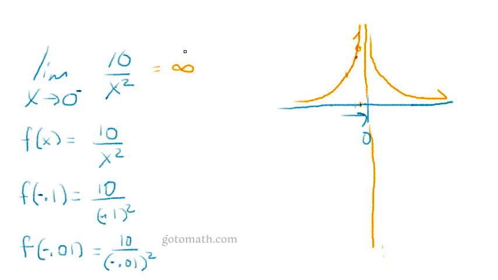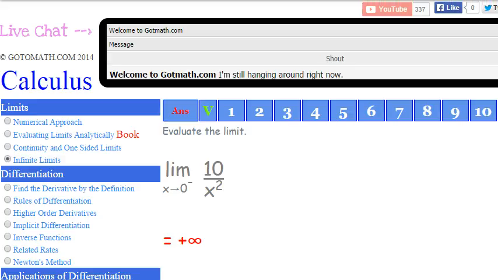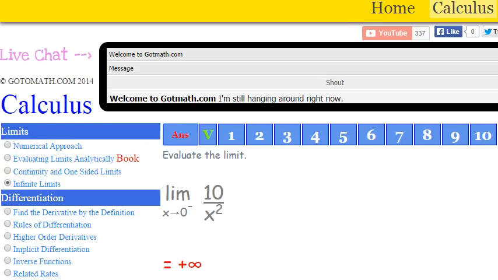So this tells us the behavior of the graph. And we should hit answer on that. Of course, we see infinity. Actually, that positive doesn't have to be there, it could just be infinity. I don't know why I did that, but whatever. It tells you the behavior of the graph.